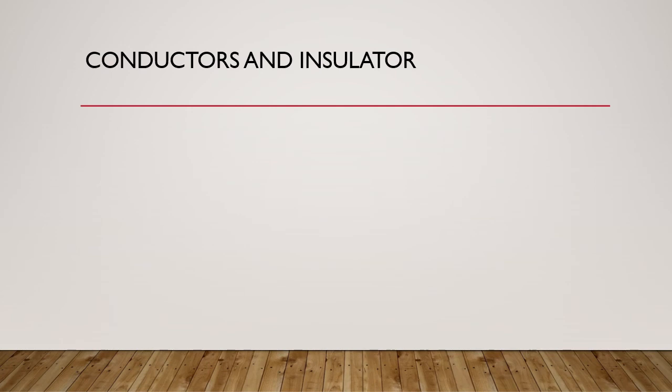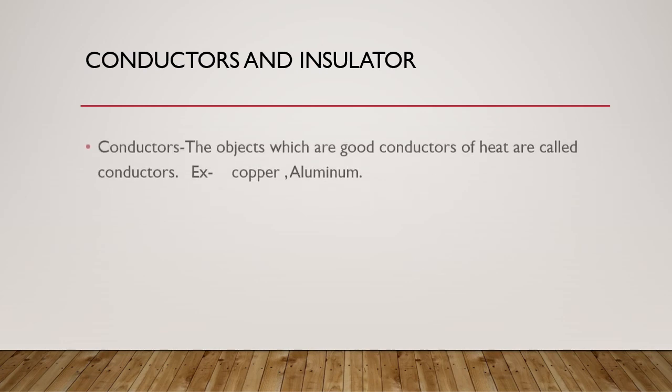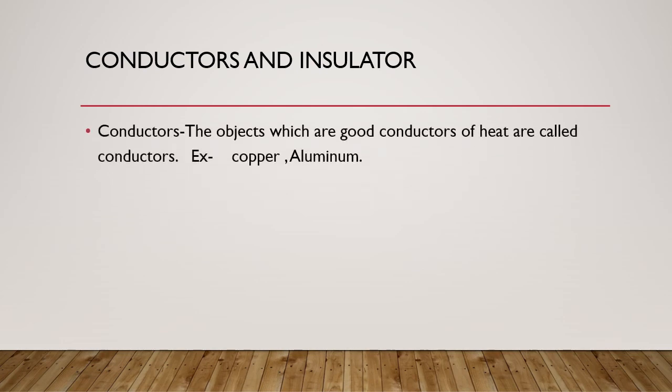So guys, now let's learn what conductors and insulators are. Conductors are the objects which are good conductors of heat. Basically, the objects which allow heat to pass through them are called conductors. Examples are copper and aluminum.